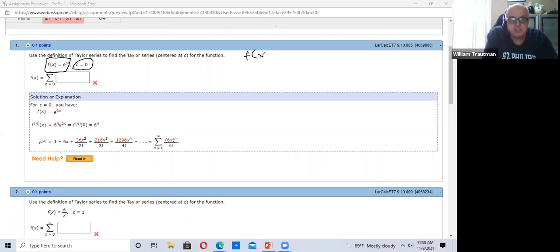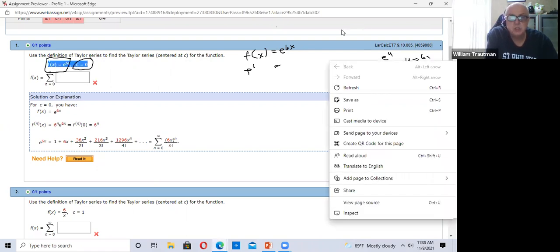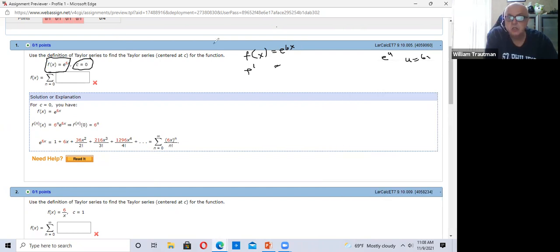If f of x equals e to the 6x, then the derivative, if you use the power rule, right? If you use e to the u and u equals 6x, then du equals 6. So this becomes 6e to the 6x.